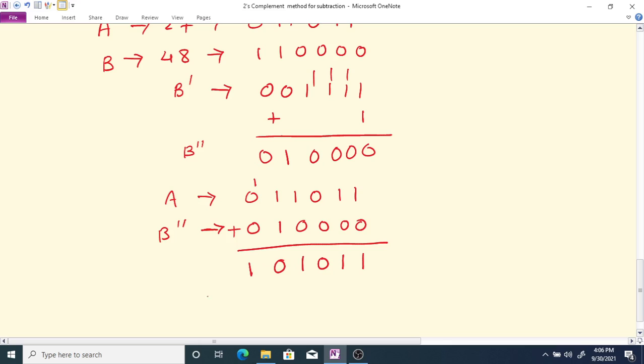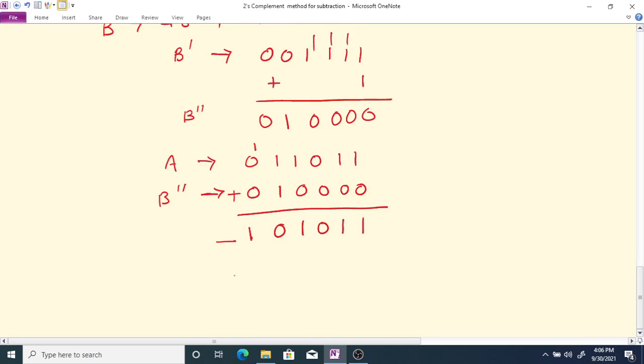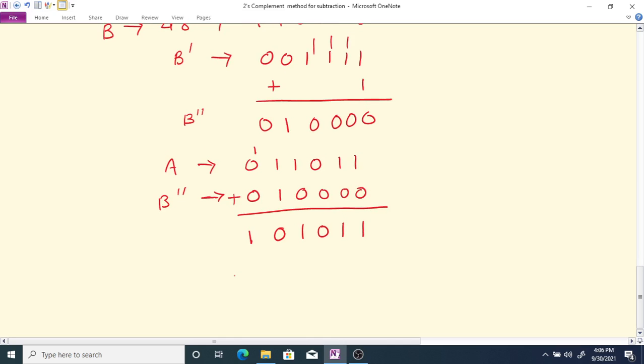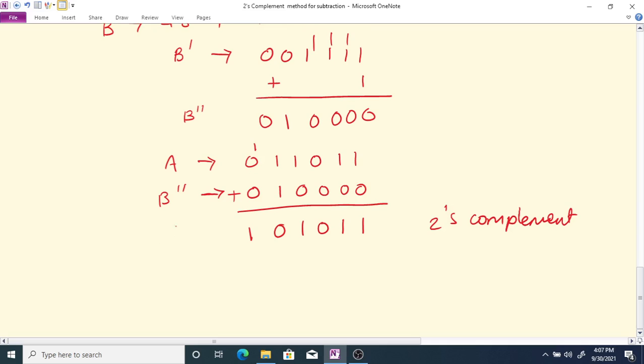So here we see that there is no carry present. So the obtained answer is negative, and in its 2's complement form. So we have to find 2's complement of this result.